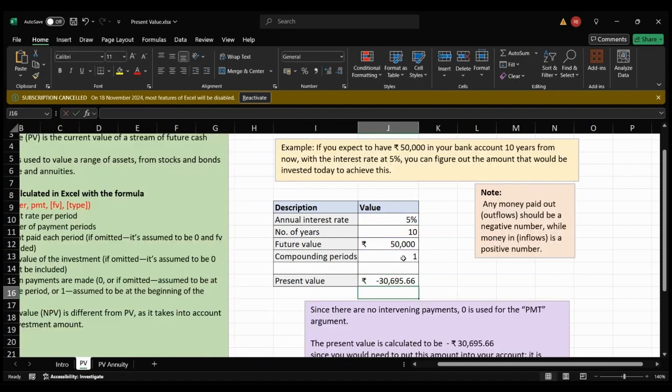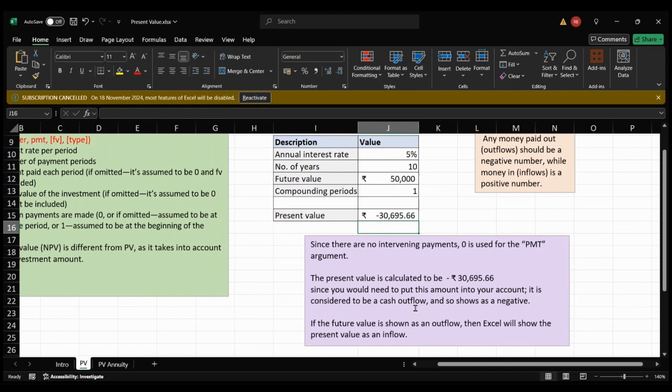So we got this value, and this is the present value. The present value calculated here is minus 30,695.66. Since you need to put this amount into your account now, it is considered a cash outflow, so it is showing a negative value.